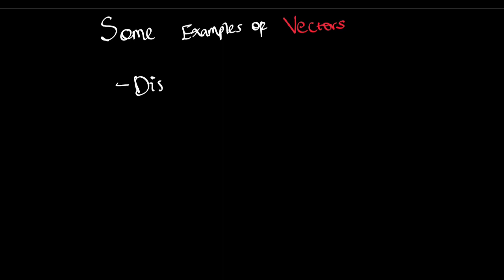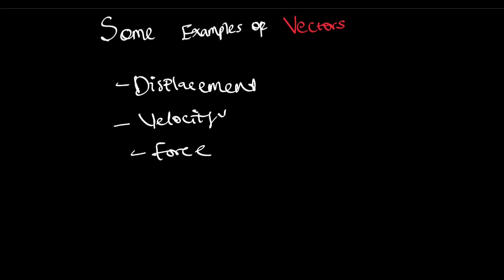Some of the popular vector quantities that you should know are displacement, velocity. Remember, speed is a scalar quantity. Do not forget. Also force. Force is also a vector quantity.